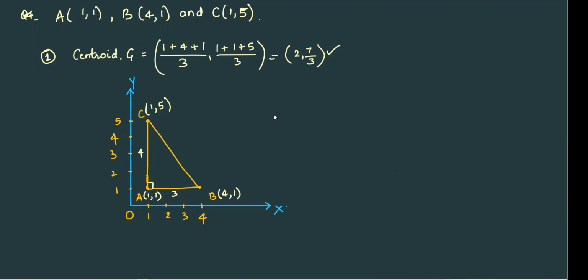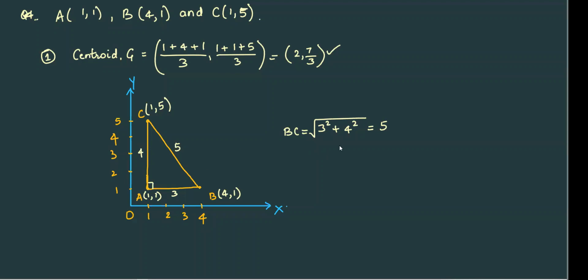The length of the hypotenuse BC will be the square root of 3 square plus 4 square, which is the square root of 25, which is 5. 3, 4, 5 form the sides of the right angle triangle.